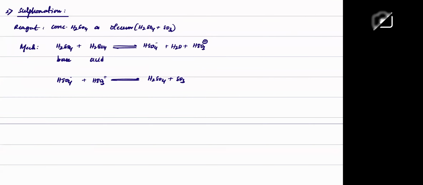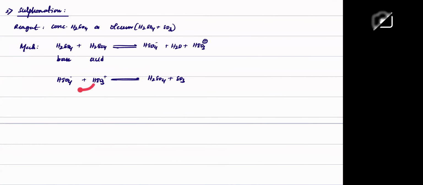Now this HSO4 minus and HSO3 plus can further react with each other to convert again into H2SO4 plus SO3. So where you have HSO3 here, this H plus will go away, OH will come out of it, and it will become SO3. Got it?